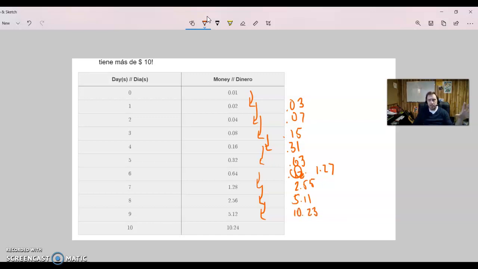So 9 days, you have exactly the same amount of money as I gave you on the first day, and it keeps going, right? Add another $10.24, and you now have $20.47 after 10 days of that money doubling that you're getting handed each day.